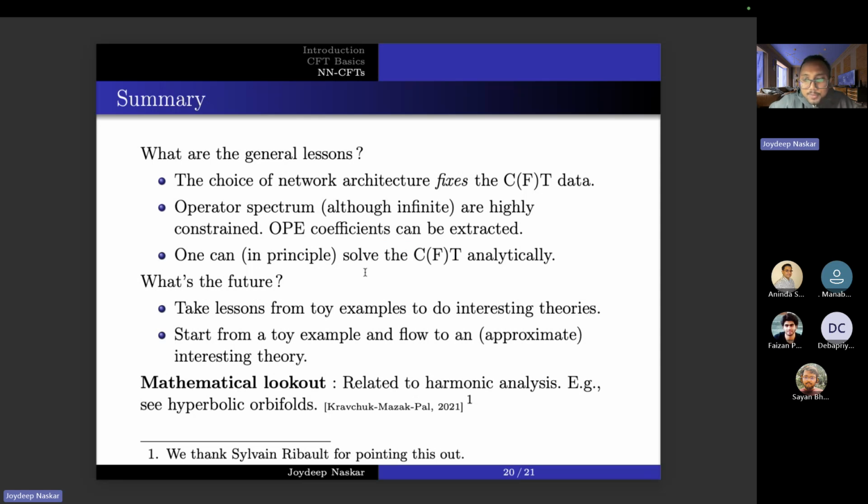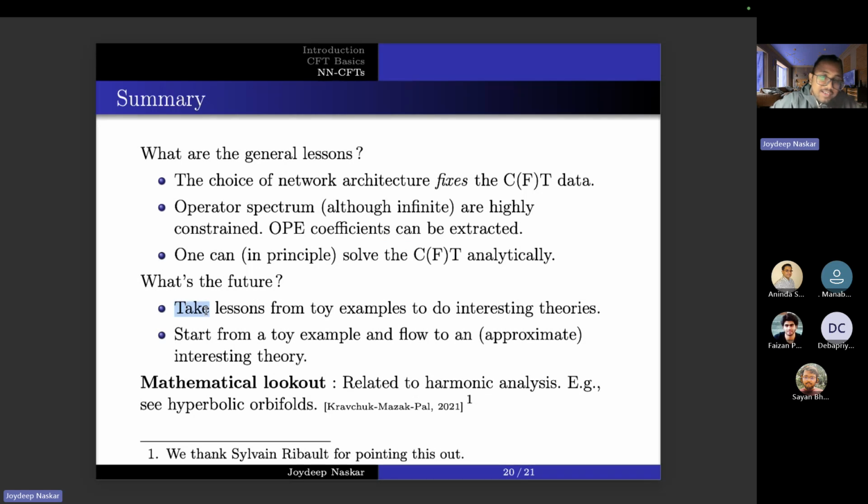One powerful aspect of this approach is that you can exactly compute 4-point correlators, so you know the exact G of u, v from the 4-point function. In the conformal bootstrap program, people try to constrain the theories, but they don't really know the exact correlator. So this is one thing that can be taken advantage of.